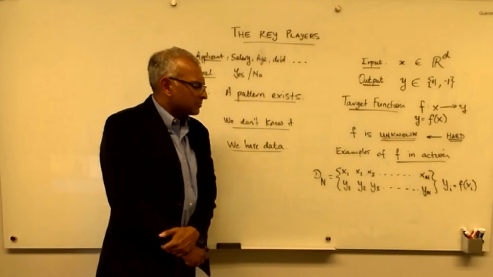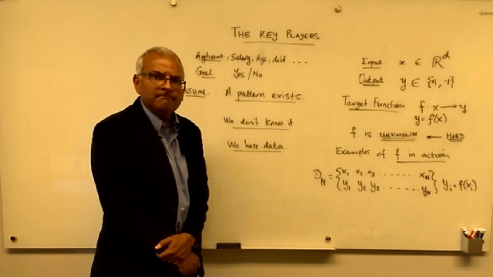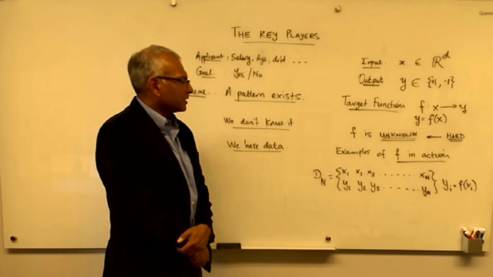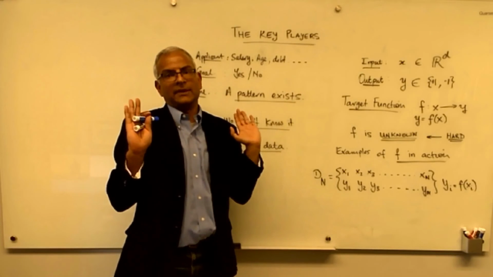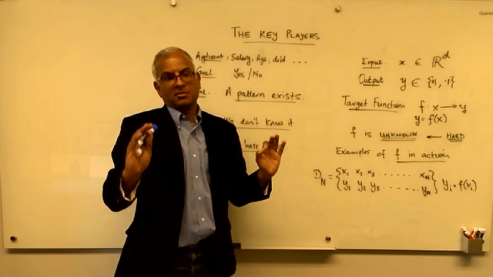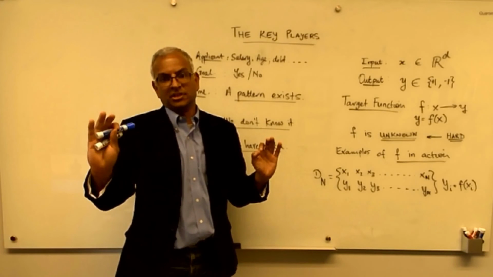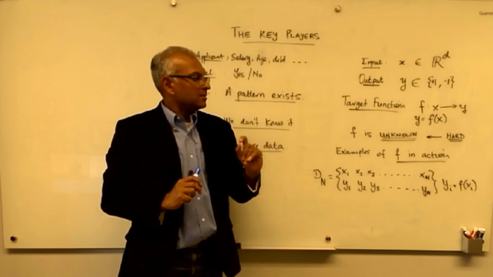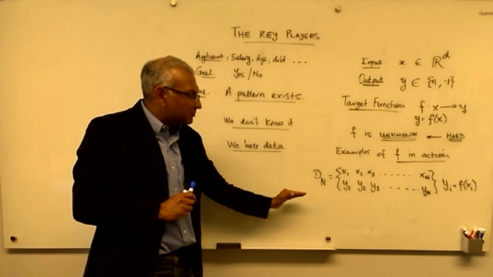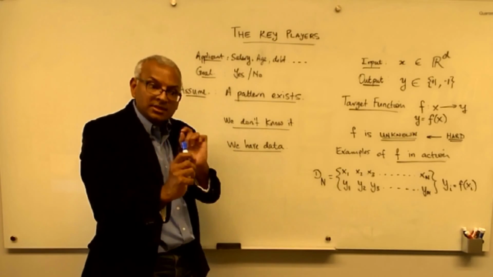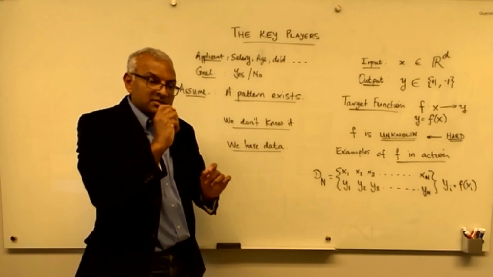Now you might ask, how did I get this data? Very good question. For the moment, don't care. That's not the content of machine learning. The assumption here is that we have this data. As we develop the theory and ask the question, can we learn?